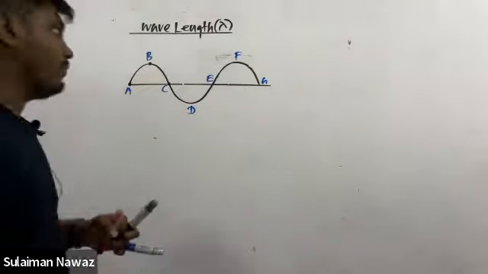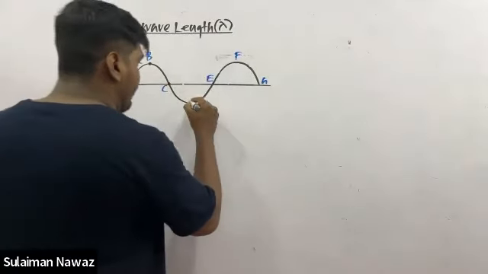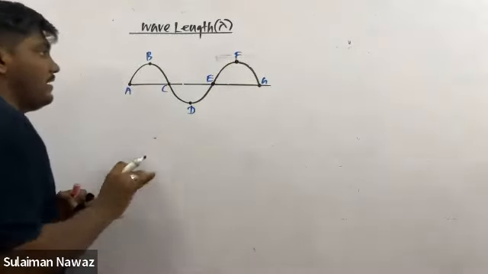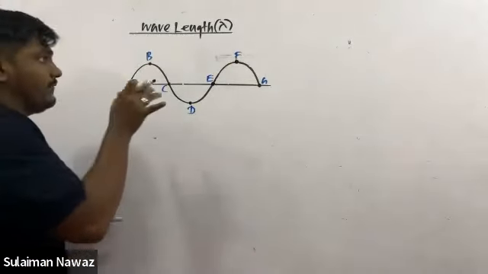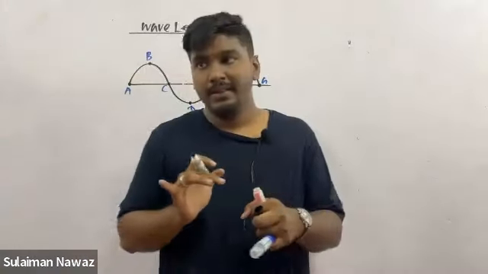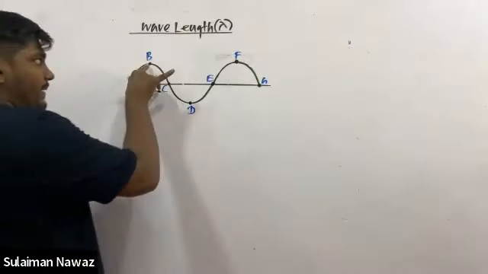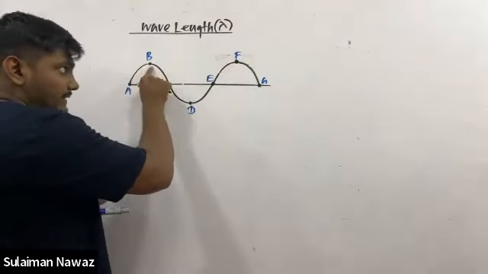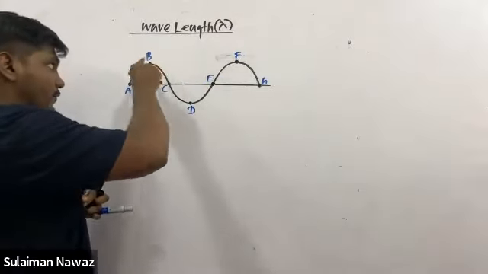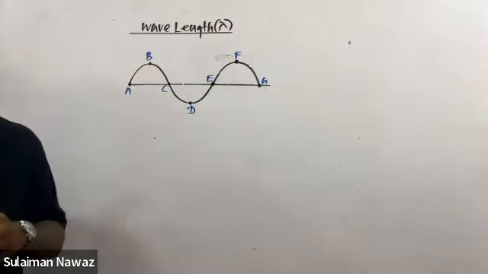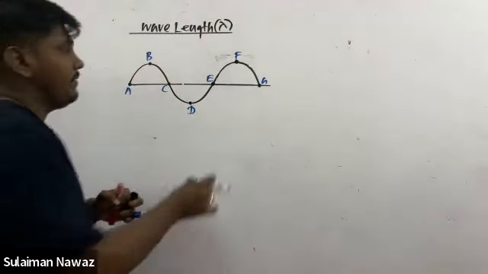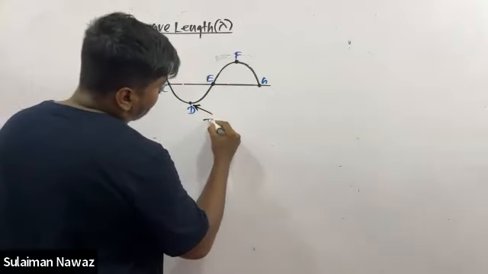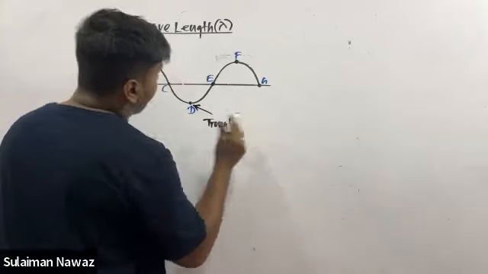Now there are a few points: A, B, C, D, E, F and G. How do we identify which points are in same phase? Just think about point capital B. We know that point capital B and point capital F are the crests if it's a transverse wave. Point capital D is a trough.